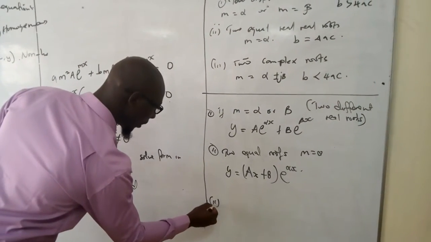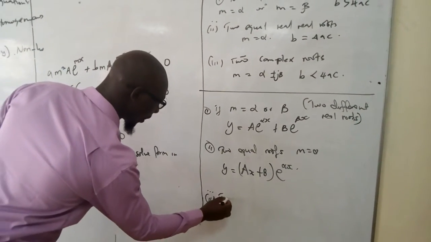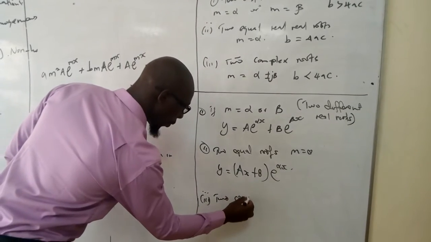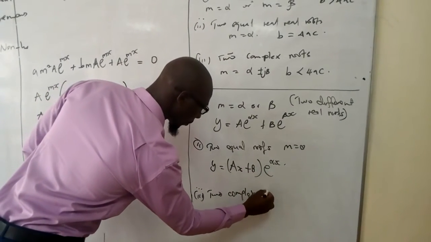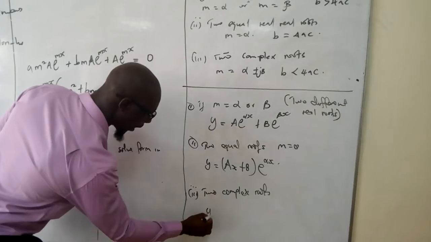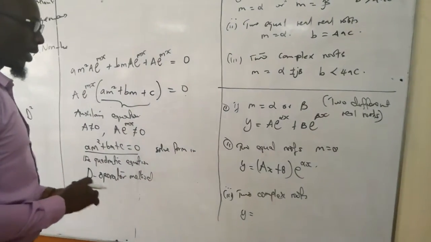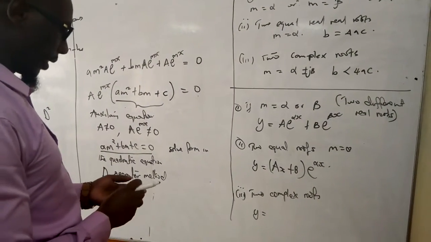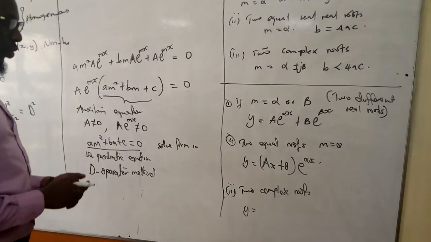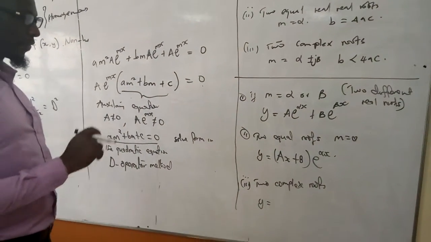Case 3, when we have got two complex roots, this case is very, very interesting. y shall be equal to something a little bit different.